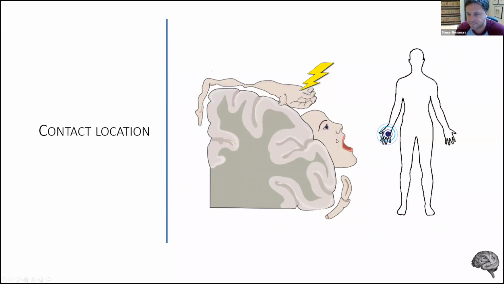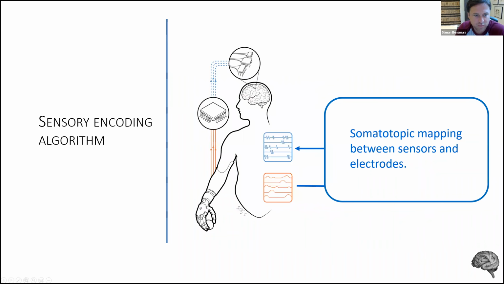What I'm going to show you is a video where there are sensors on the hand. The sensor on the bionic index finger is connected to electrodes that respond to the index finger.